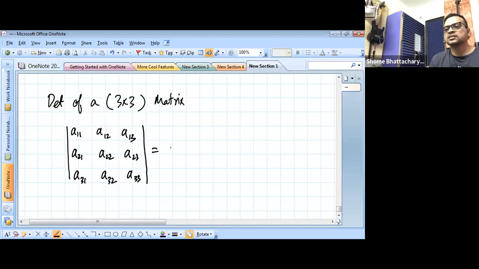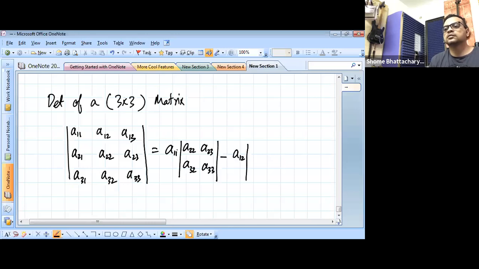We write it as A11 into the determinant of this matrix. Just remove the first row and the first column, so you're left with this 2 by 2 matrix. The middle term comes with a minus sign.